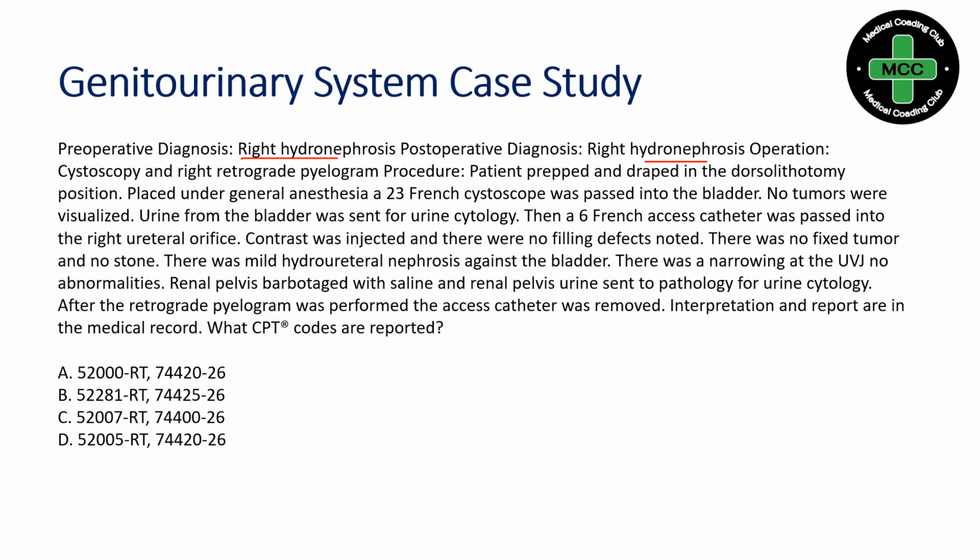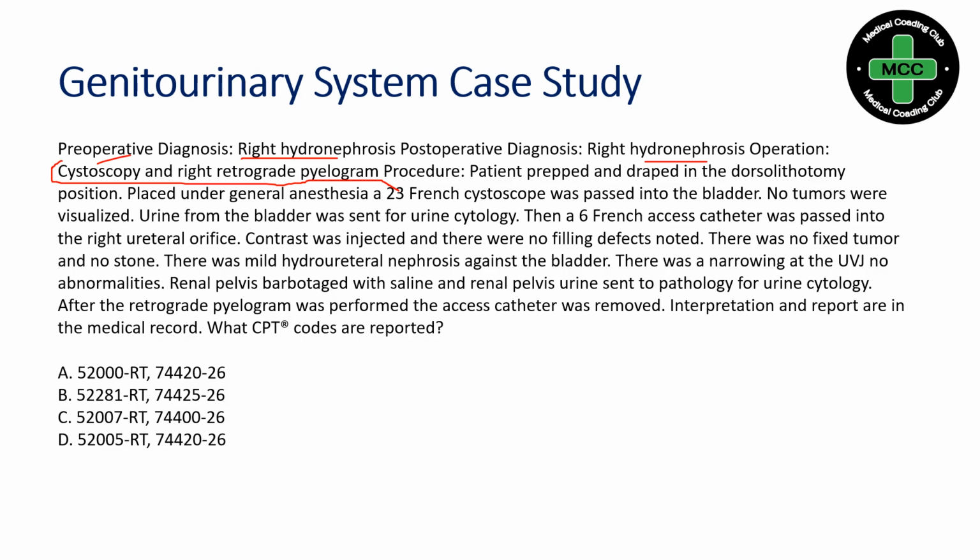So which procedure are they utilizing, you have to check. The procedure is cystoscopy and right retrograde pyelogram. Cystoscopy is used to visualize, and with that they also utilized a right retrograde pyelogram, which is a diagnostic imaging study.